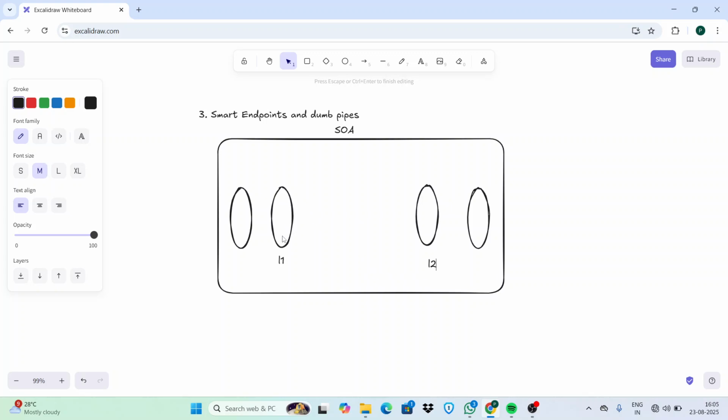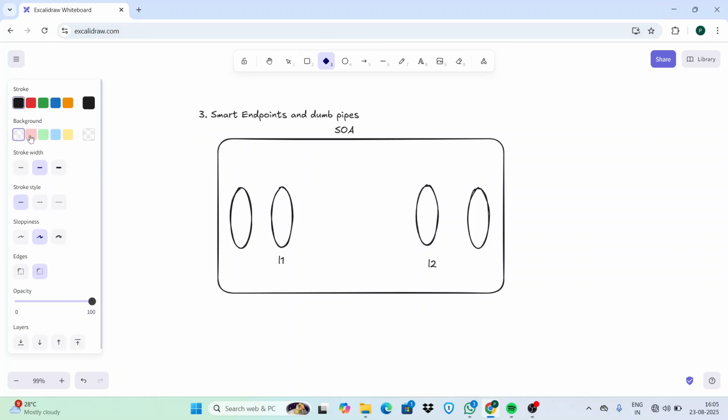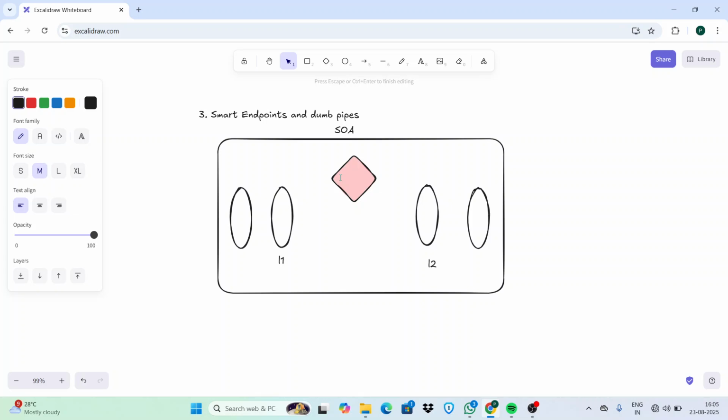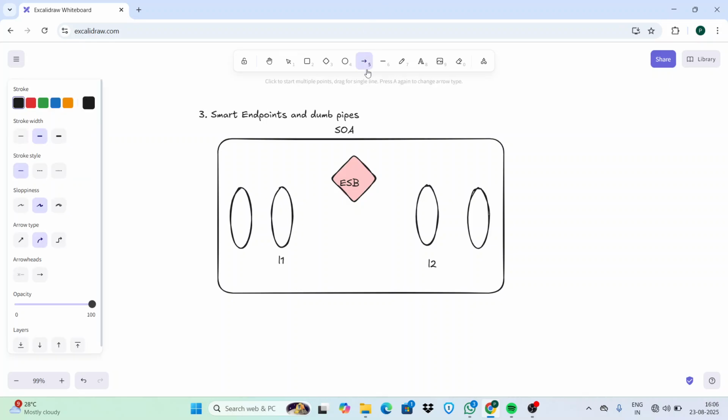If L1 wants to communicate with L2, how does it communicate? There is an ESB, enterprise service bus, through which L1 can communicate with L2.